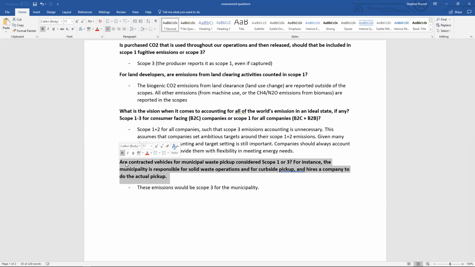And in a sense, this is a nice segue into our lesson later on today, on lesson 5, when we'll be discussing how to report the emissions from outsourced and insourced activities and the implications of those changes for base year inventories. So in a sense, we'll be picking up on this topic later on today, but for the time being, the emissions from contracted sources, contracted vehicles, are reported under Scope 3.